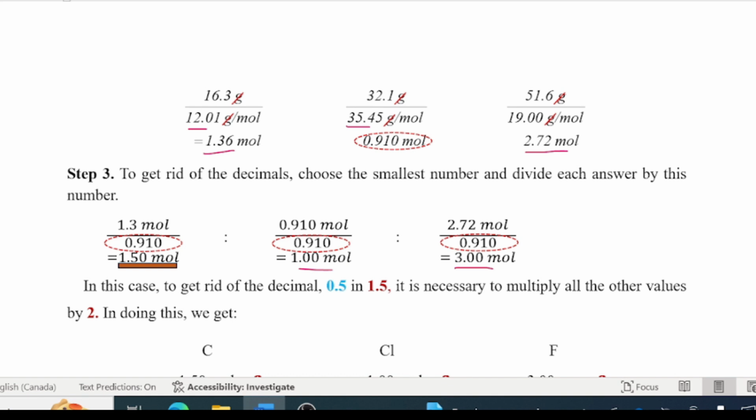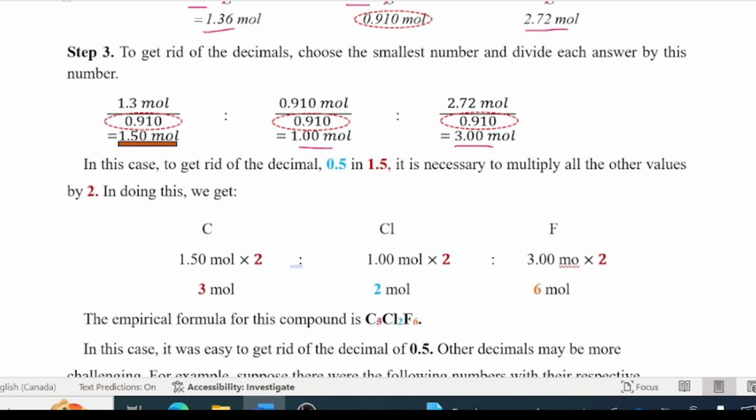So if you multiply every one of those here by 2, you multiply this by 2, it gives you 3, this becomes 2, that becomes 6. So these will now become the subscripts in your formula. So you take this 3 and put it there, you take this 2 and put it there, and you take this 6 and put it there. So this is your formula here.